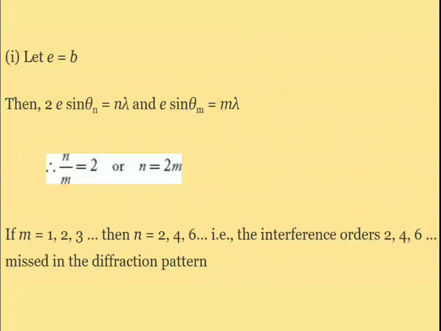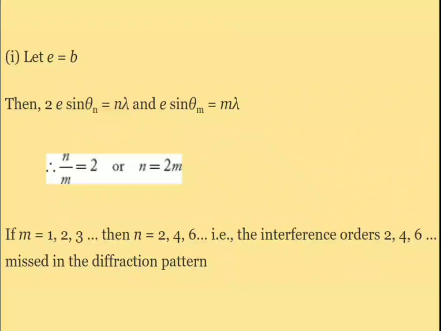For example, if e is equal to b, that means the width of the slit and the distance between the slits are the same length. Now the formula (e plus b) sin theta equals n lambda.